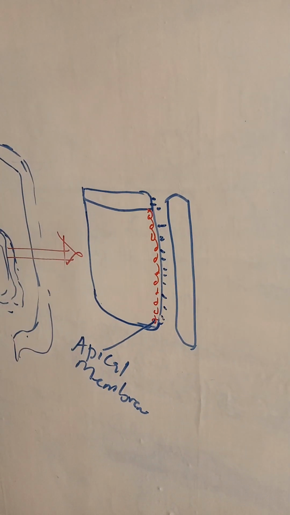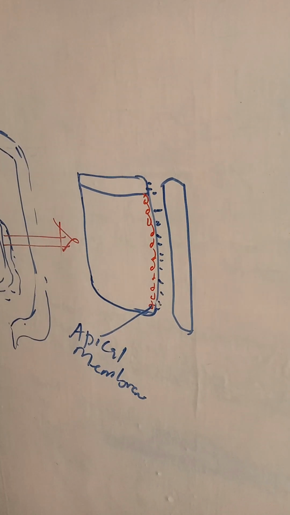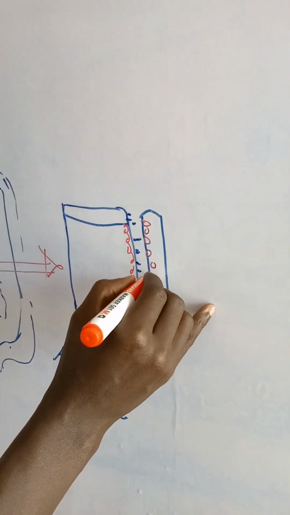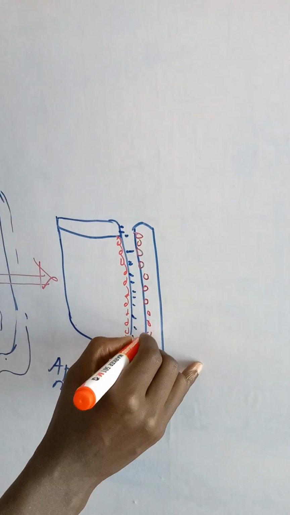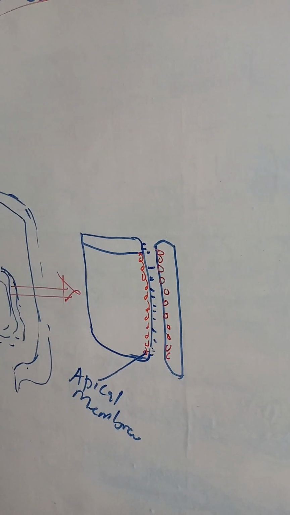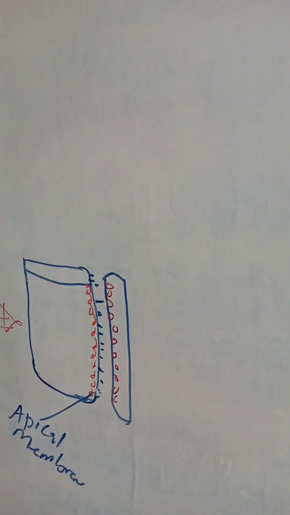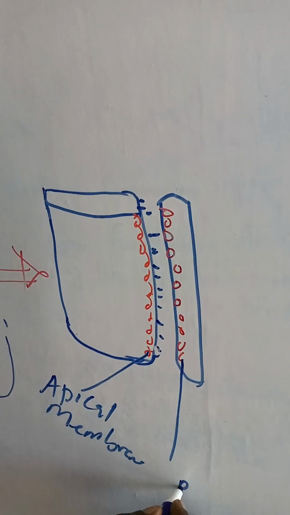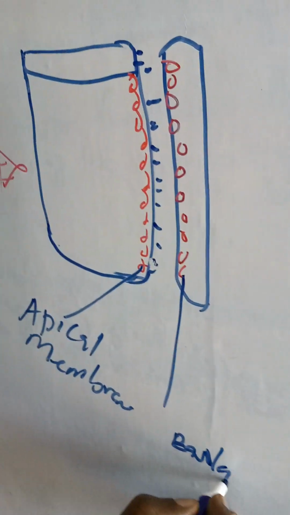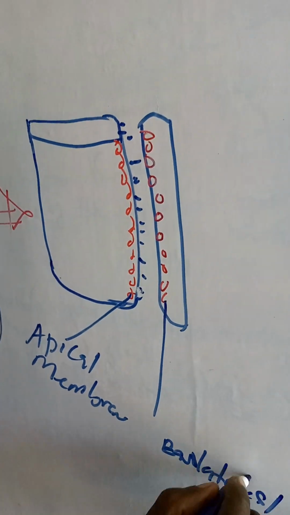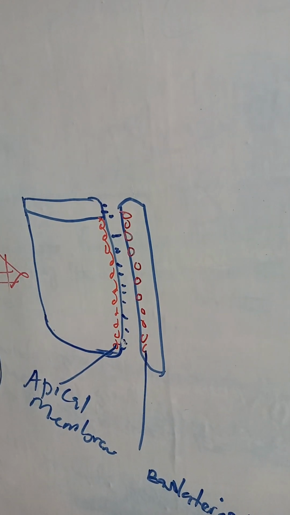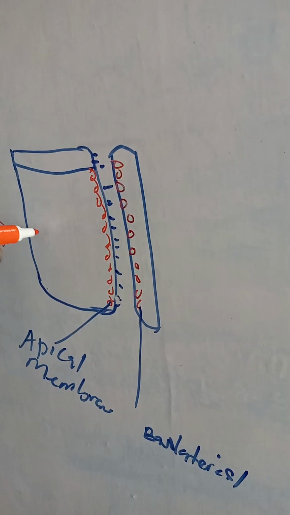Then on the other side, the blood side, we also have membranes. This membrane is known as the basolateral membrane.